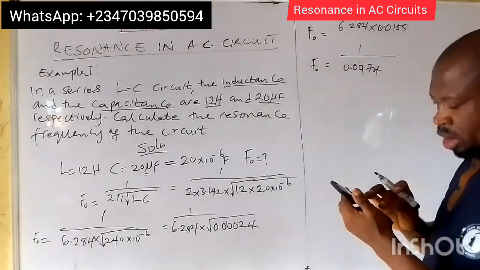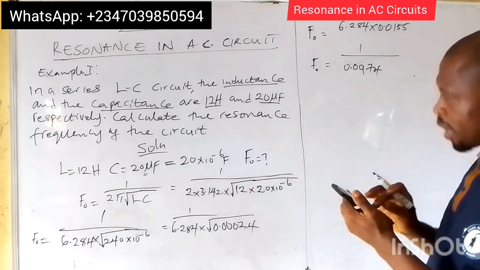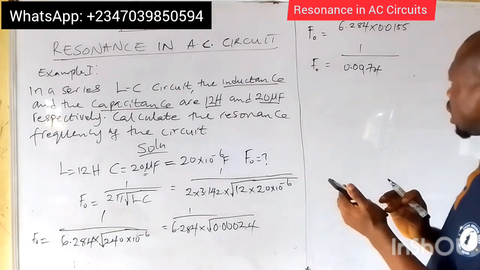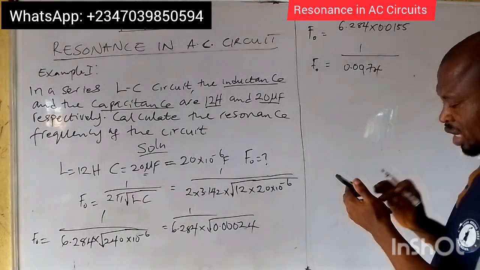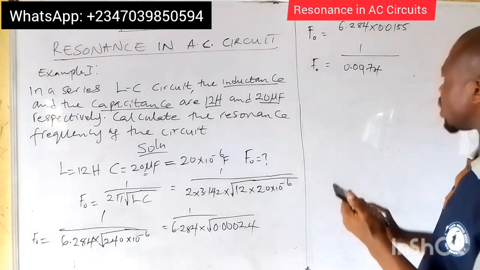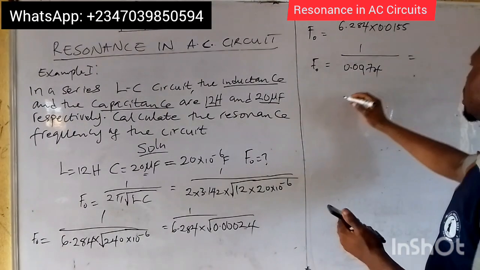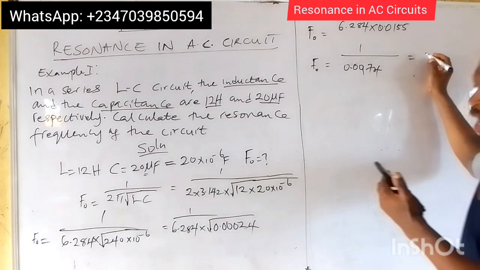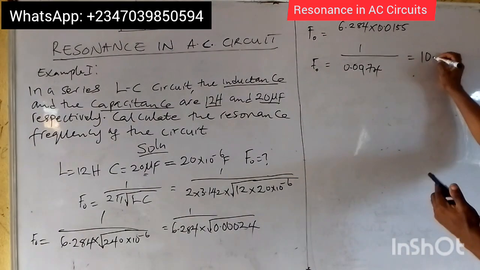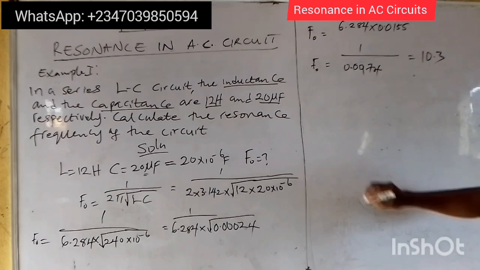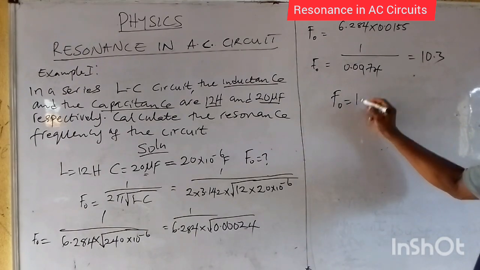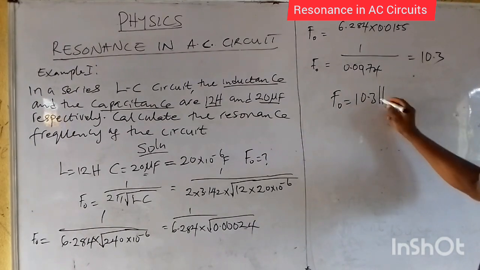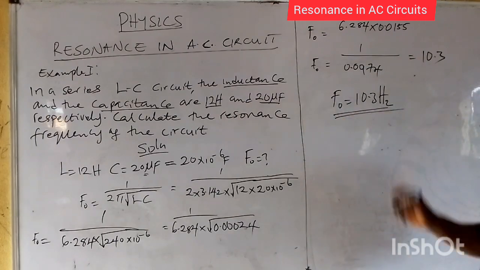Inverse of this, 1 over 0.0974, will give us 10.3. That means F naught is 10.3 Hz. That is the resonant frequency.